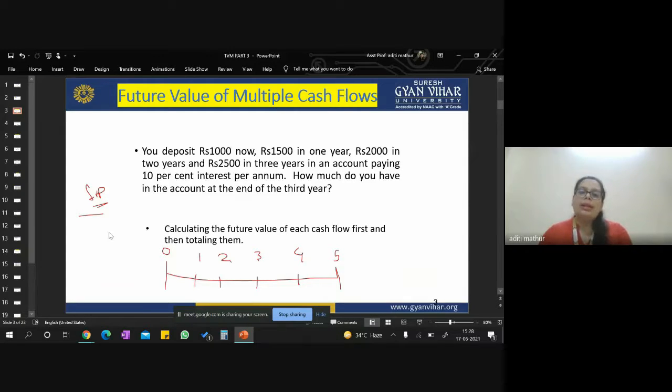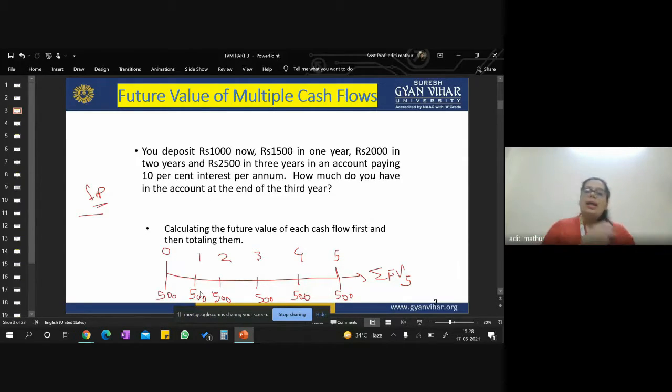So let's take an example that you have invested in a SIP in which every month you invest 500 rupees, right? So with the help of the formulas, you will be able to calculate the total future value at the end of the 5th year of all the investment you have done till the 5th year.